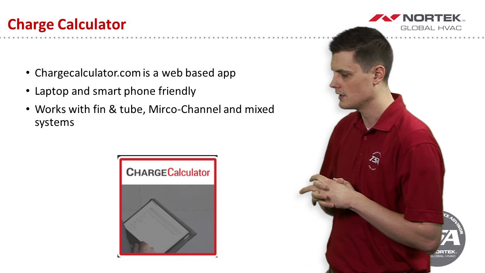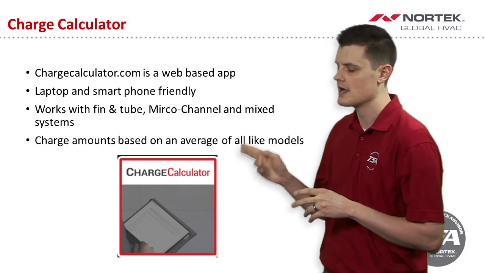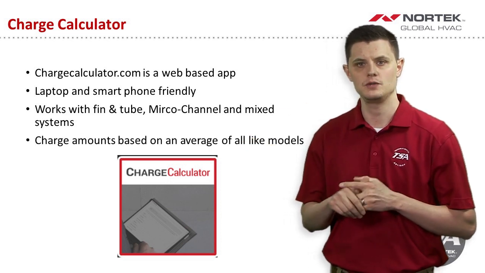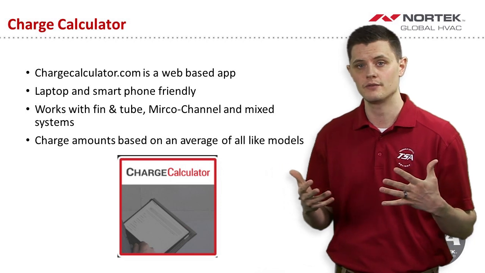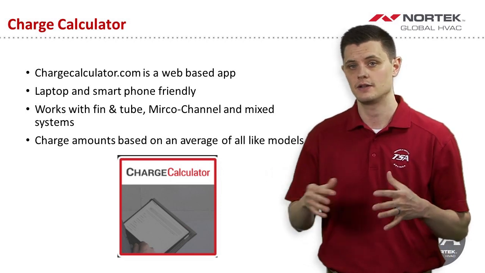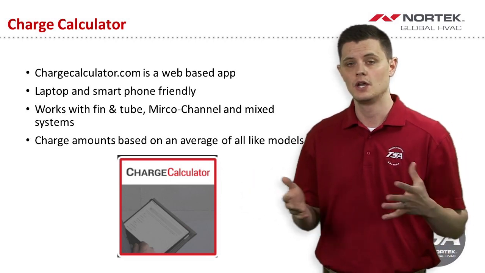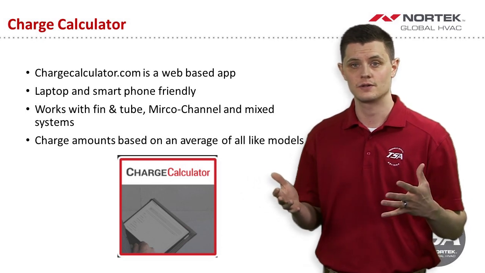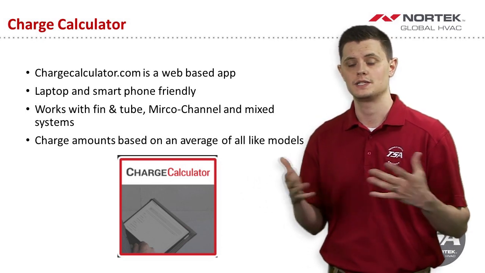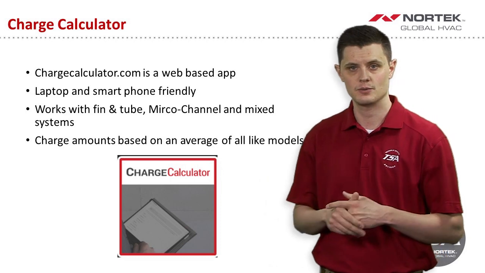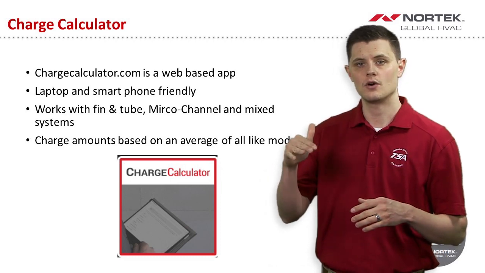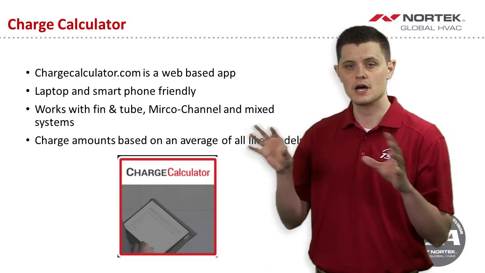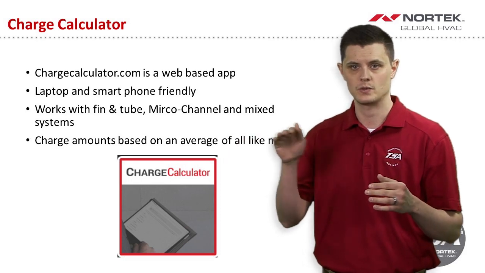But basically, the charge amounts are based on an average. So for example, if you don't know the charge level or the charge amount that is supposed to be on that unit, like if you don't have the QRD, for example, if you just pick a tonnage, like say 3 ton, we've averaged all of the 3-ton models, whether you select heat pump or air conditioning.